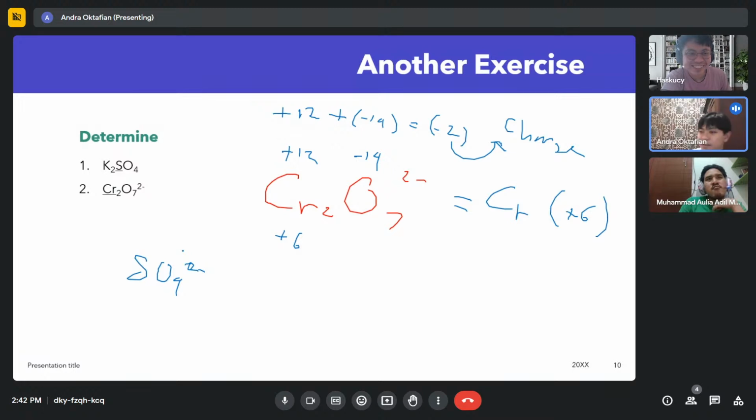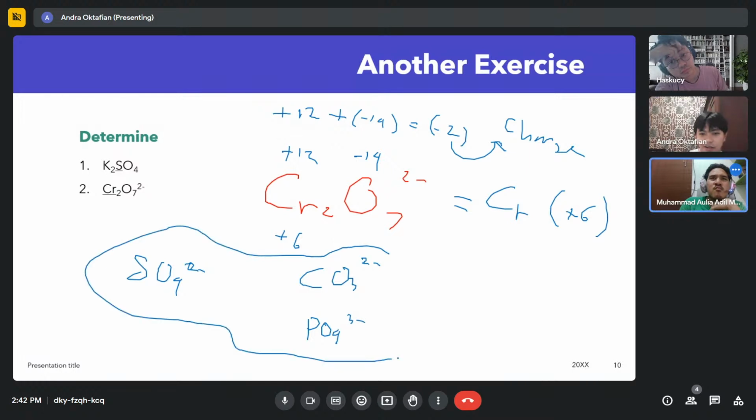Actually, when I was in middle school, the teacher gave me some polyatomic ions. The polyatomic ions are like this: we have carbonate, two minus, and phosphate. So it is called an ion. So basically, the Cr2O7 is an ion, maybe.